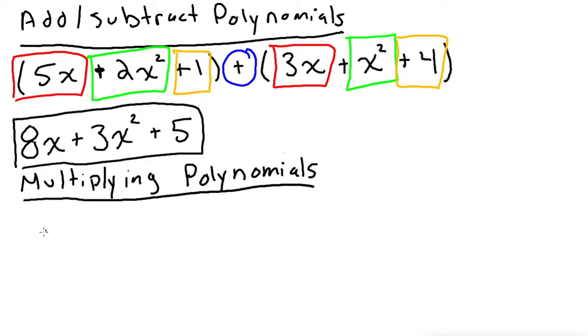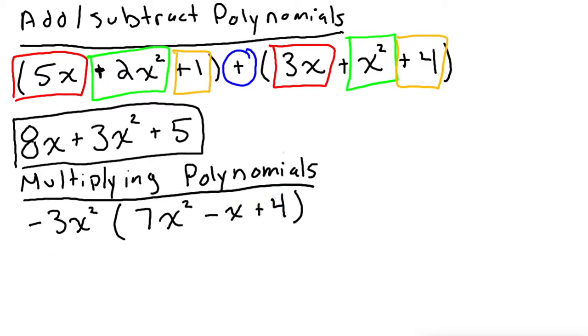So, for example, let's say I've got something like negative 3x squared, and this is a monomial, and I want to multiply it by a trinomial. So let's say I've got something like 7x squared minus x plus 4.